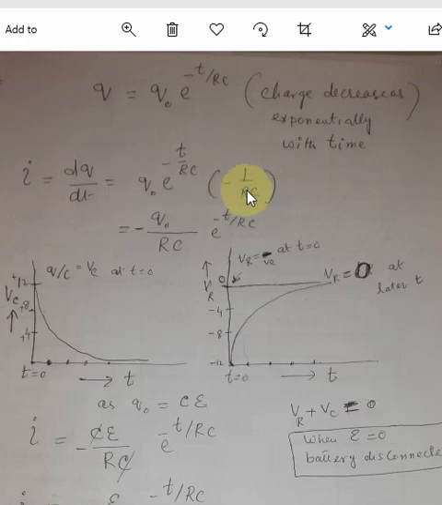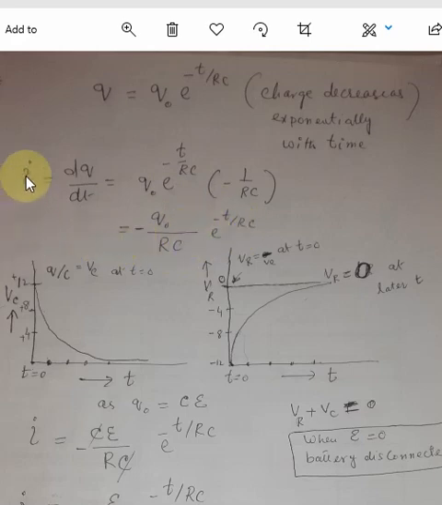So this is the time derivative of this equation, which gives us I. Let us rearrange it: I equals minus Q naught divided by RC multiplied by this exponential term.